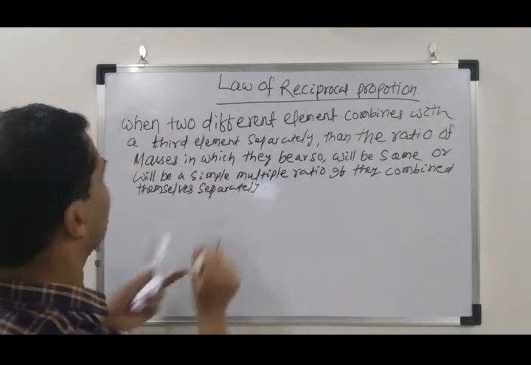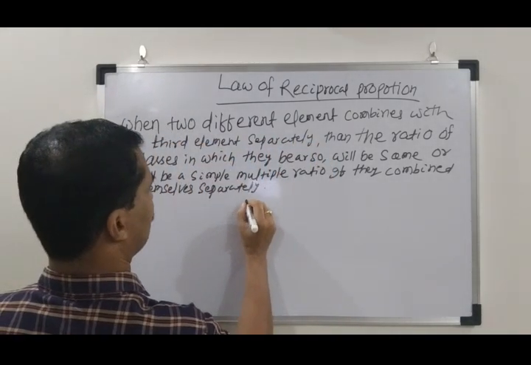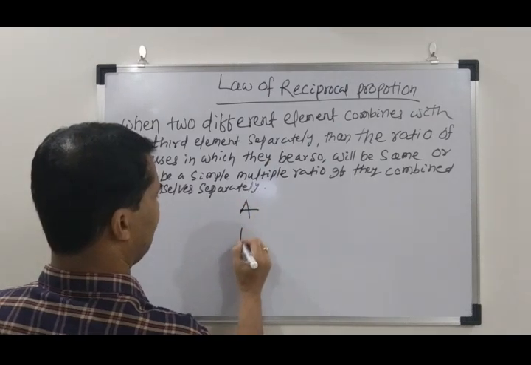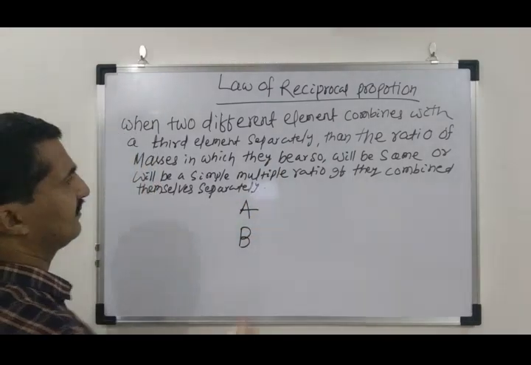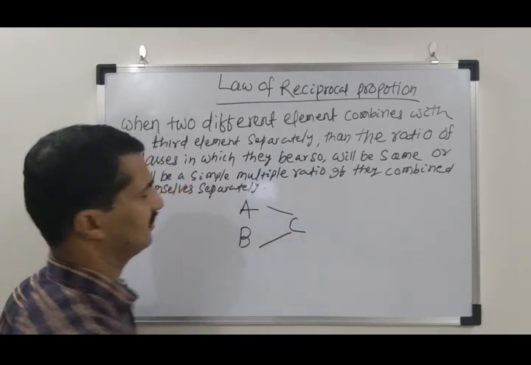Now, let's say A is one element, B is another element, and they combine with a third element C of fixed mass.